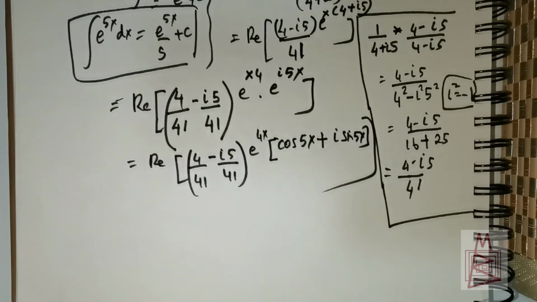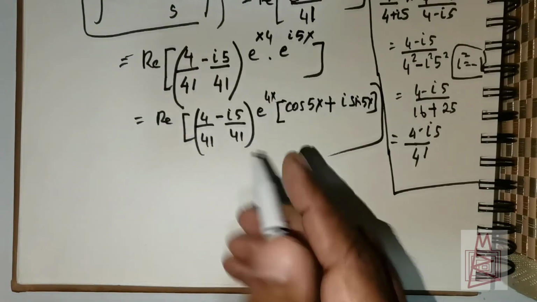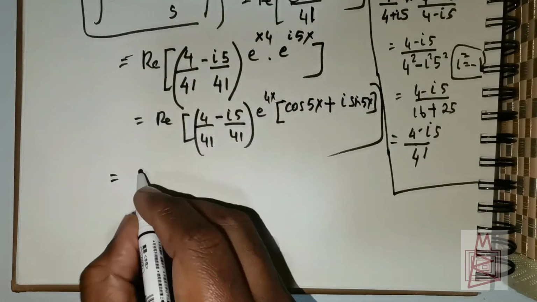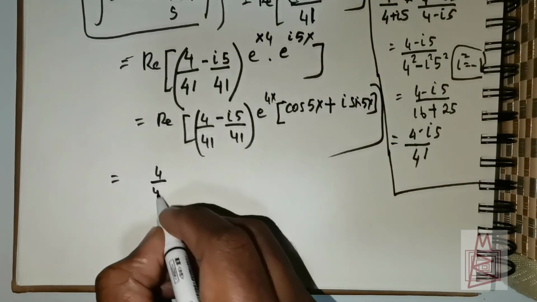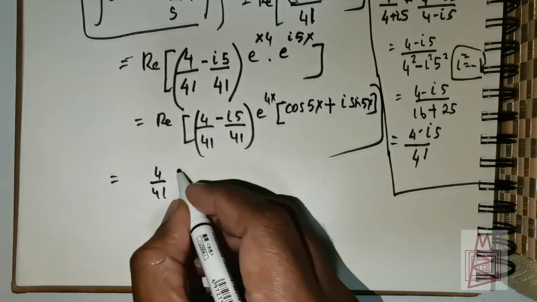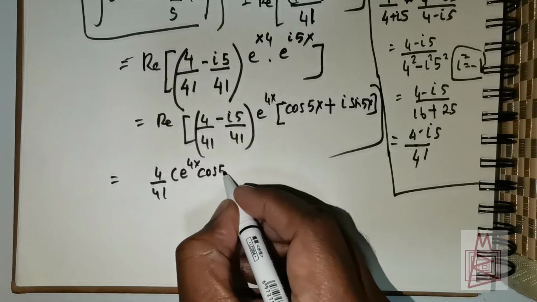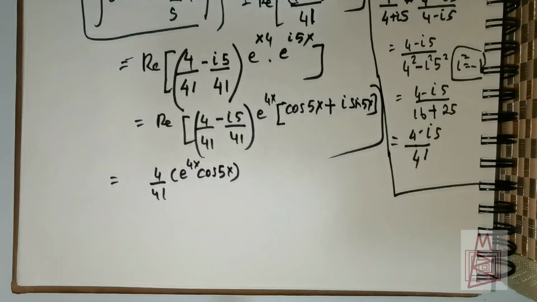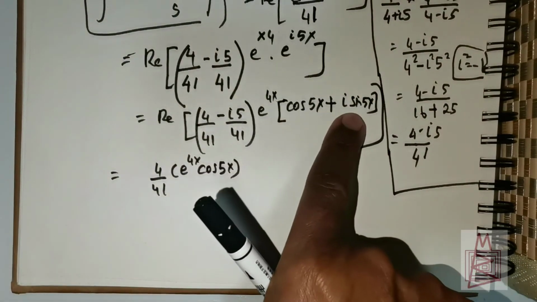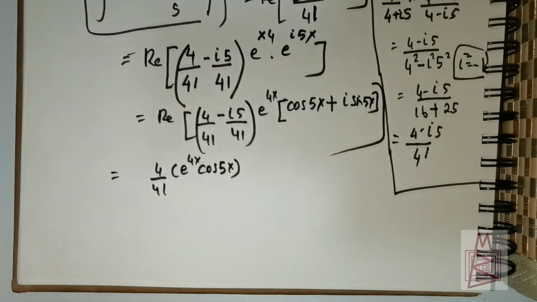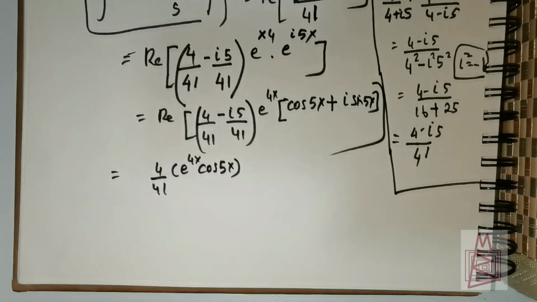So close the parenthesis. Now if I were to take the real part, so this is going to be 4/41 times e^(4x) times cos 5x. This is one quantity. This quantity multiplied with i sin 5x would be an imaginary quantity, so that's not going to be of any use to us.